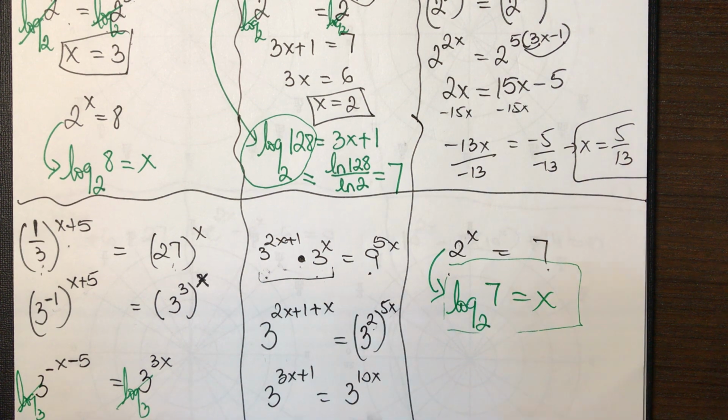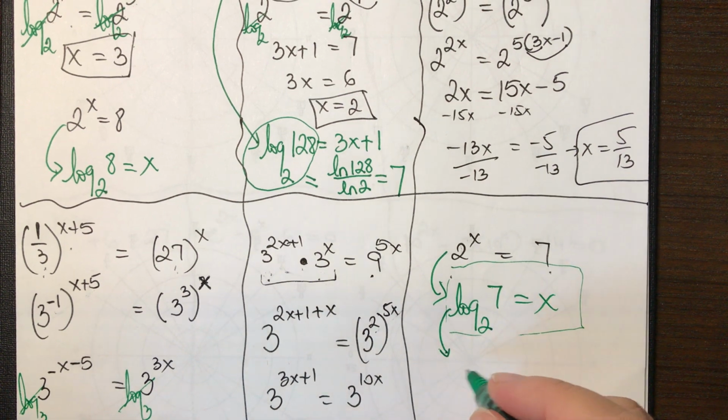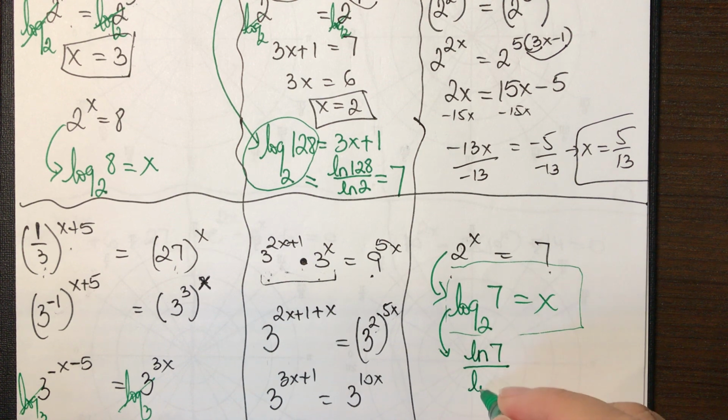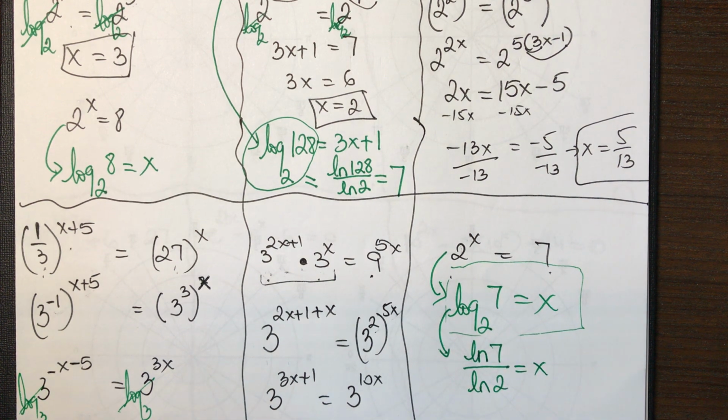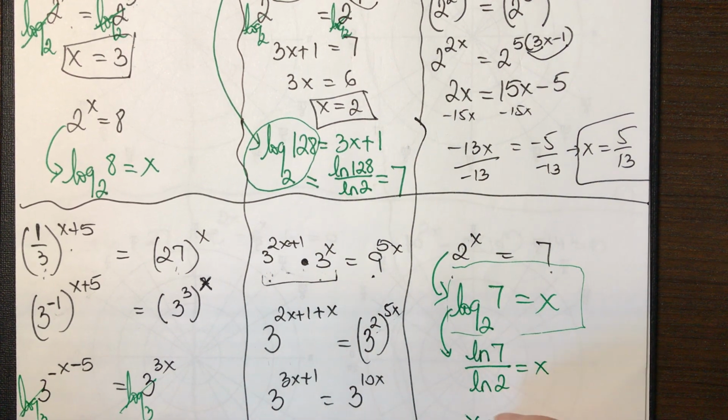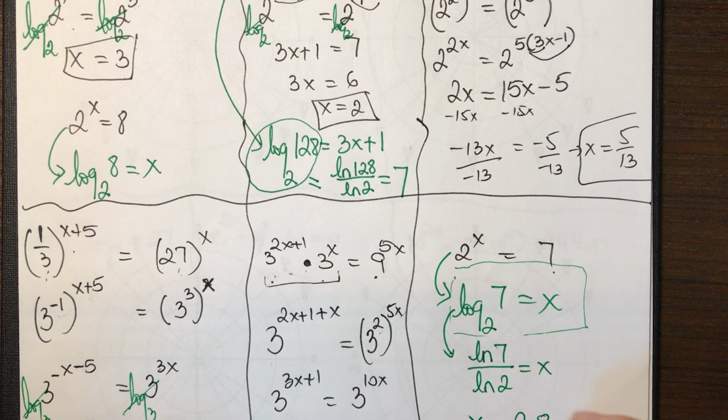But how are we going to find the approximation of it? Again, use a change of base formula. So we learned that log with base 2 of 7 is equal to natural log of 7 divided by natural log of 2. So when you put this in your calculator, which I'm doing right now, divided by ln of 2, it's going to get you 2.8074-ish.